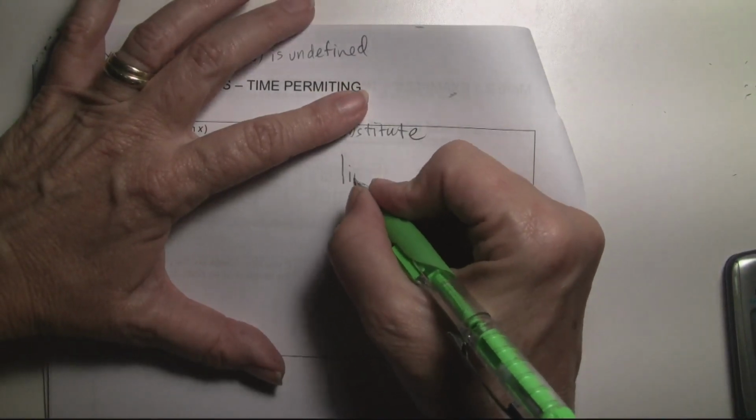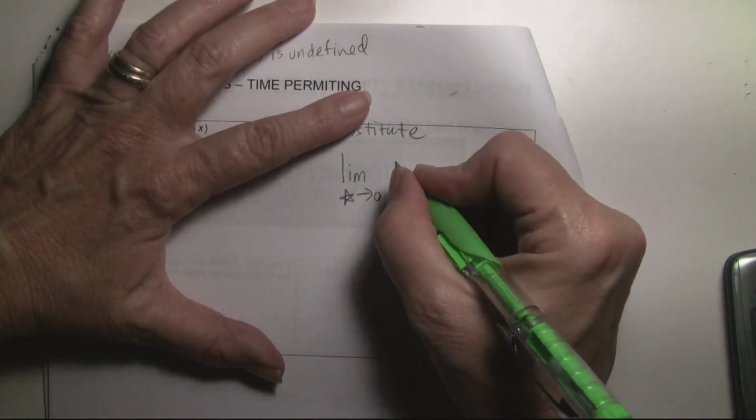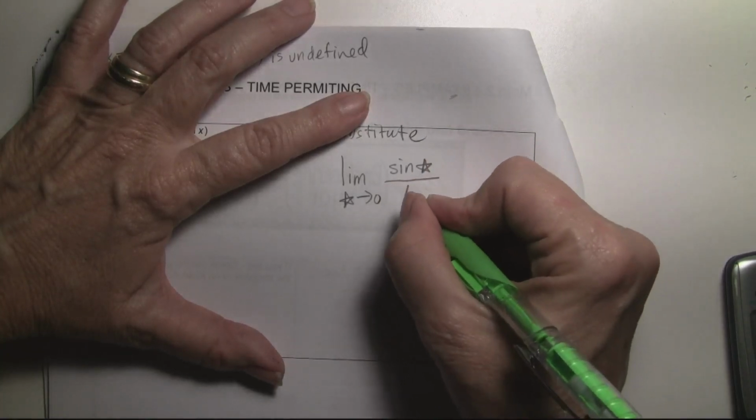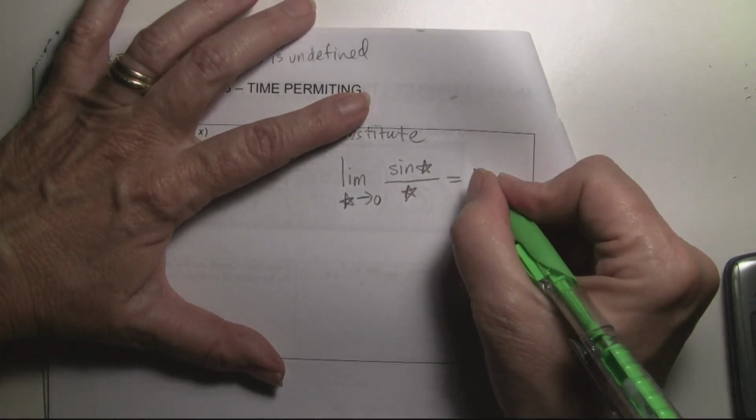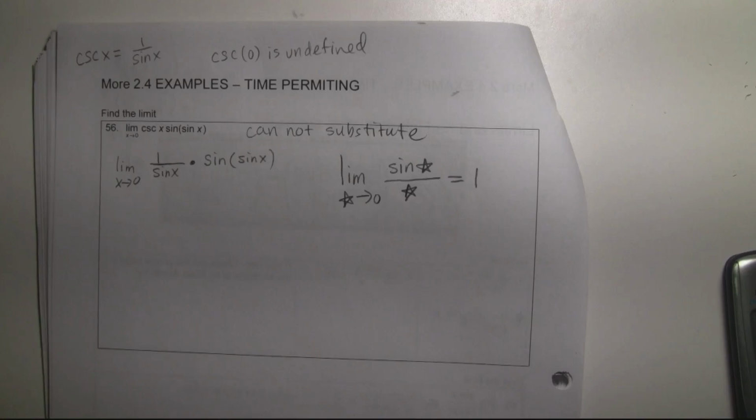And so the limit of star going to 0 of sine of star divided by star equals 1. So all you have to do is make sure that you have stars in all of those places, the same thing in all of those places. That's what you need to make sure of.